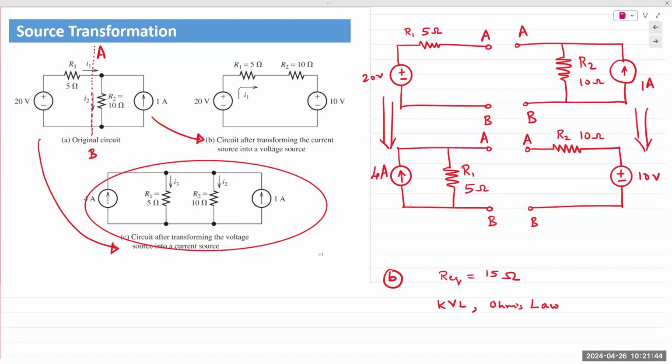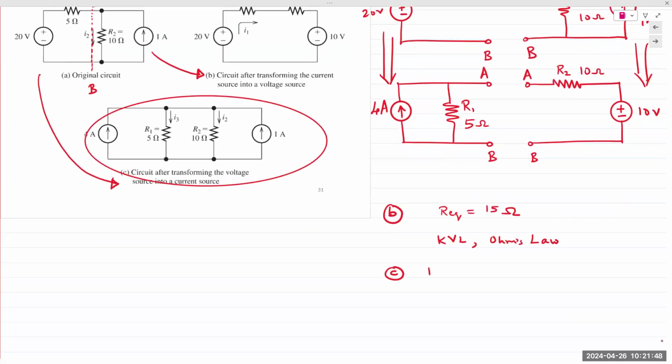Now you can solve circuit number C using KCL and Ohm's law. Make sense? Any questions?